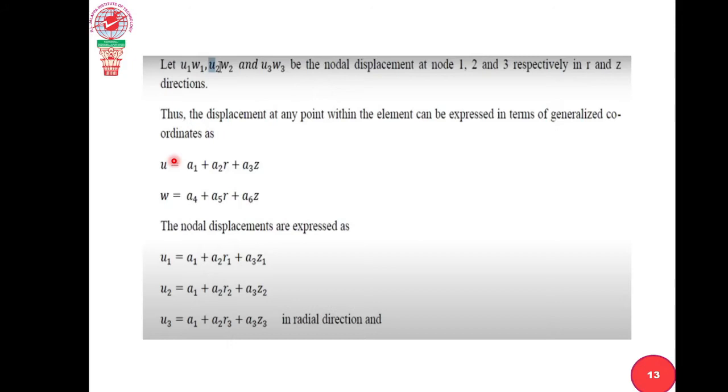You will see how we considered it before; the same thing applies here. Suppose u varies with respect to the polynomial function a1 plus a2 r plus a3 z, and the w displacement, the displacement along the z direction, varies with respect to the polynomial interpolation model a4 plus a5 r plus a6 z. Now this is the general displacement model we consider.